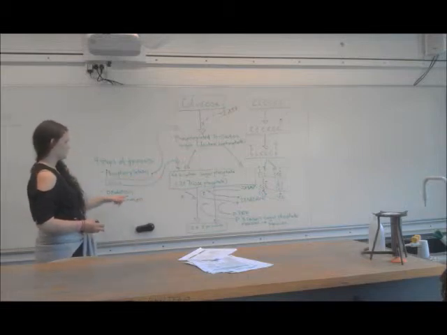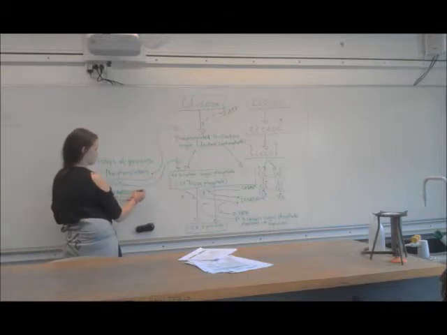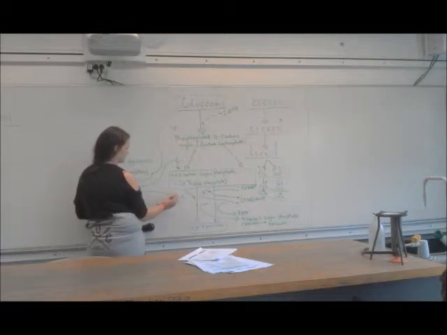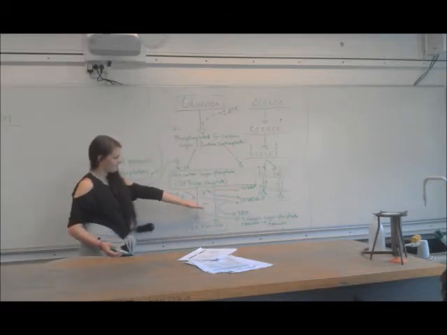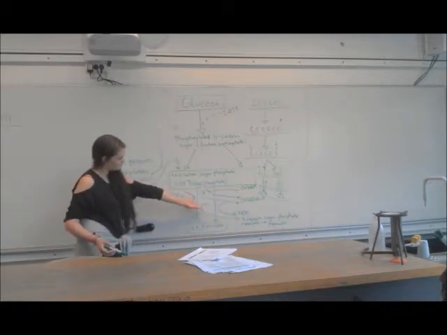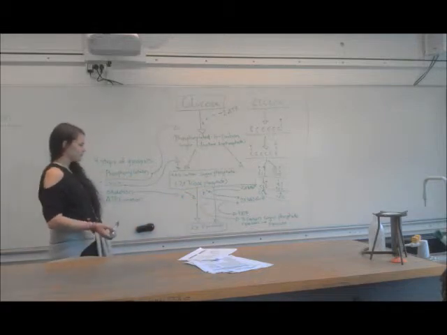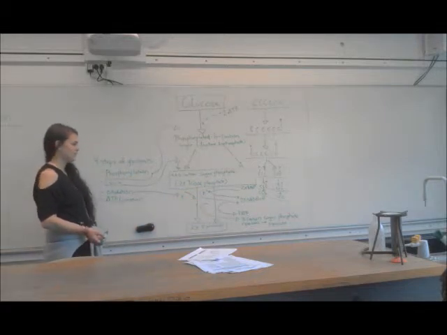Then we have the oxidation step, where we have 2 NAD+ which goes in, and 2 inorganic phosphates are added, which later on, as we can see, will create some ATP.